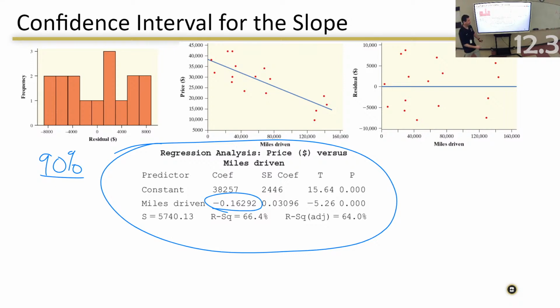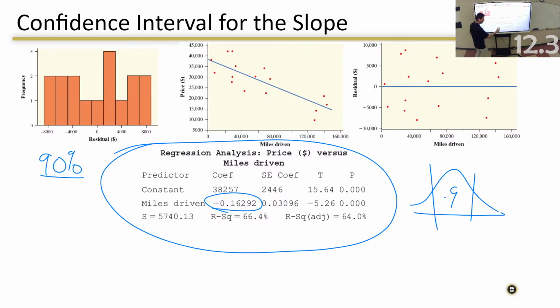Because 0.9 doesn't find the critical value for the middle 90%. 0.9 is going to leave you short because it goes all the way out. So you have to find what's left over, which is 10, so you have to do 0.05 if you're going to do inverse T. If you use Coach Mayer program, you can either use 90 or you can use 0.9. And it's going to give you that T star value, the critical value.